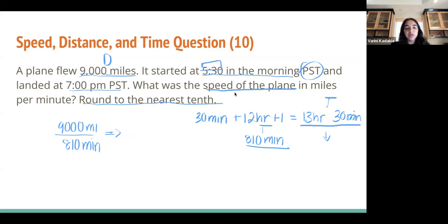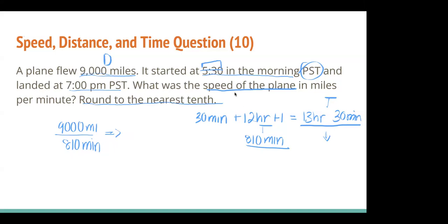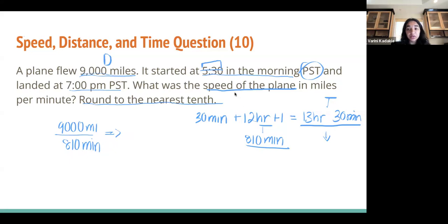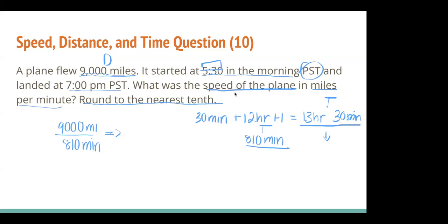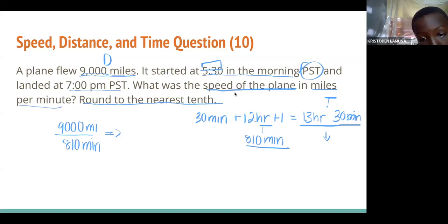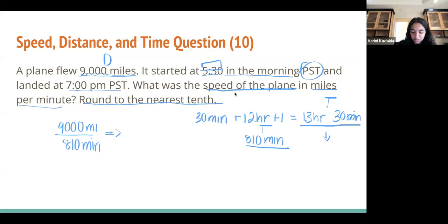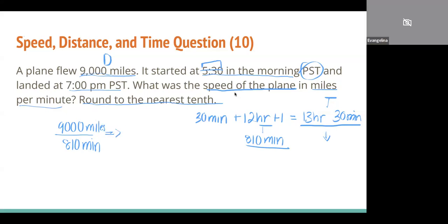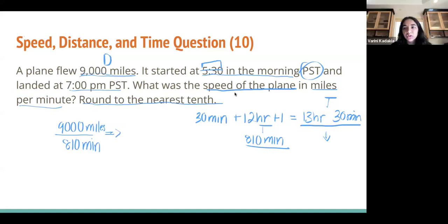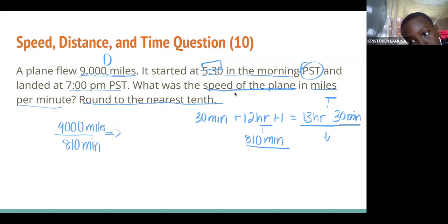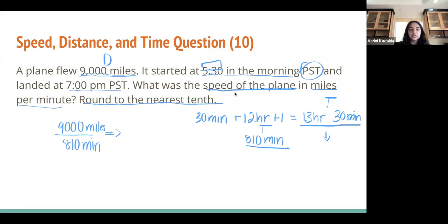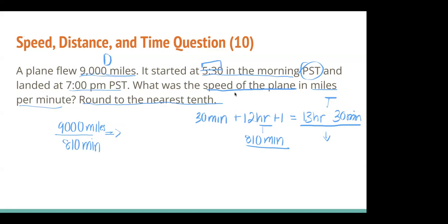So before we divide everything, are our units correct? This problem is asking for miles per minute. Do we have miles per minute? Yes, because it's miles over minutes, and that's what miles per minute means.